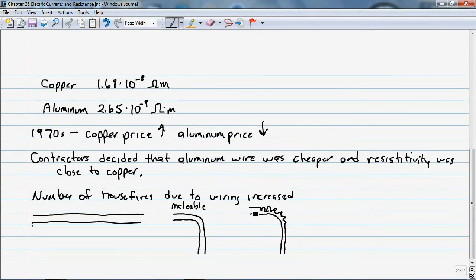And so now, as the current flows through, don't forget your resistance formula. Resistance is equal to resistivity times length divided by cross-sectional area.